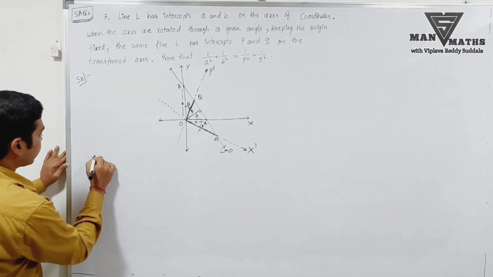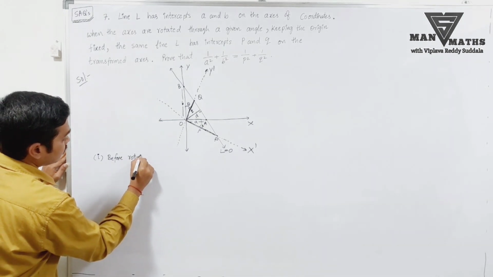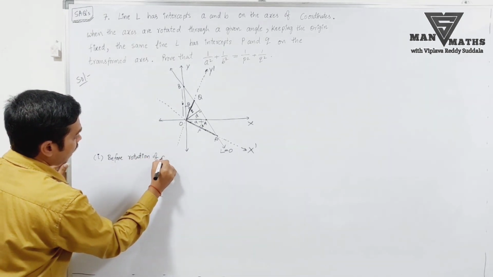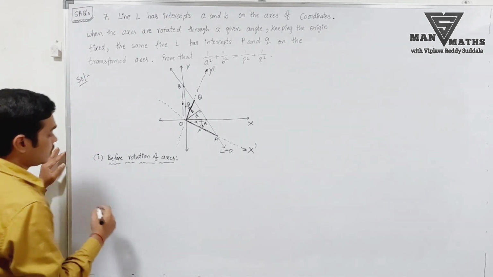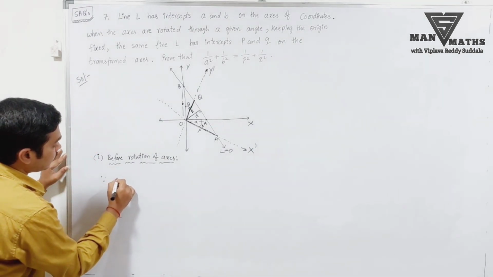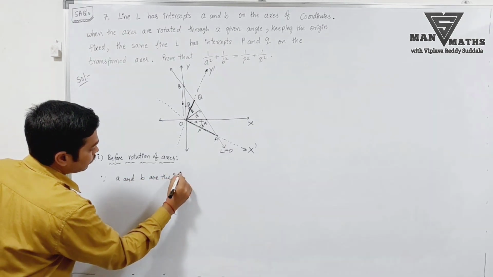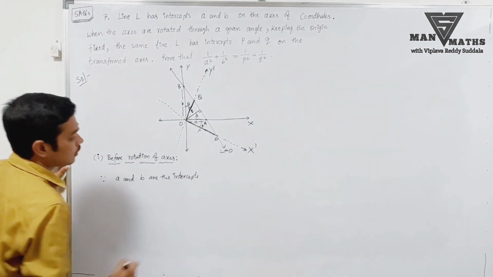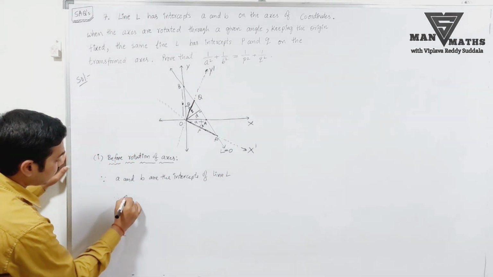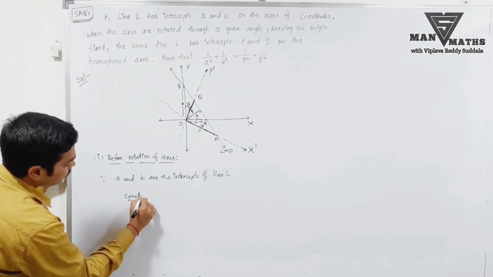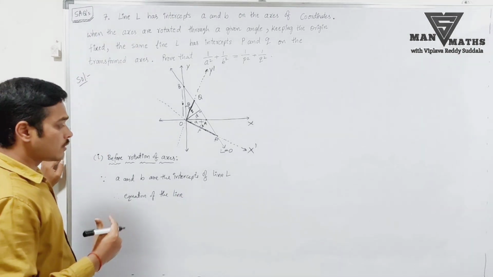In case 1, before rotation of axis, since a and b are the intercepts of line L, therefore the equation of the line: if you know the two intercepts, how do you find the equation of the straight line?